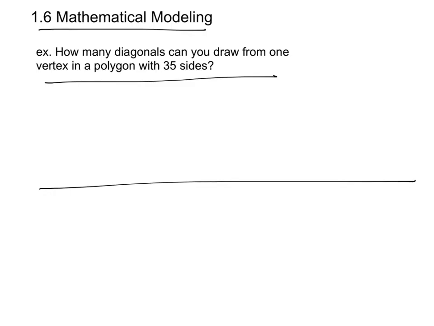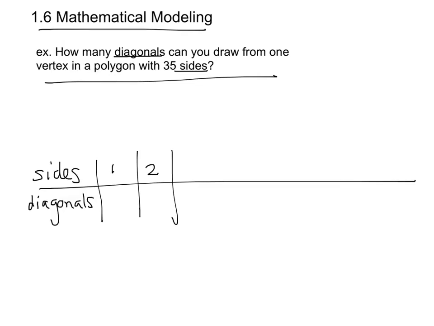So we really are dealing with the diagonals and the sides. So here, instead of n, we're going to have number of sides, and then instead of value, we're going to have number of diagonals. Obviously you can't have a polygon with either 1 or 2 sides, but we can start from 3, which is going to be a triangle.